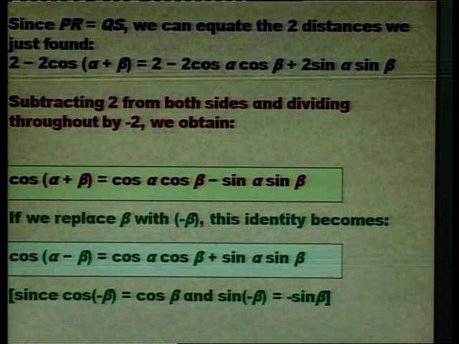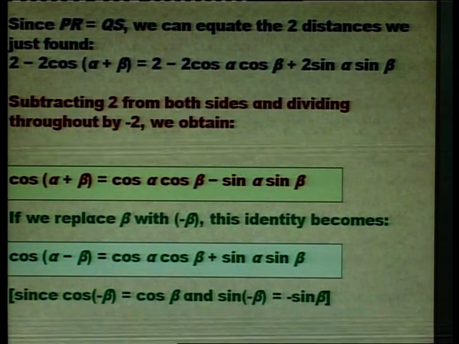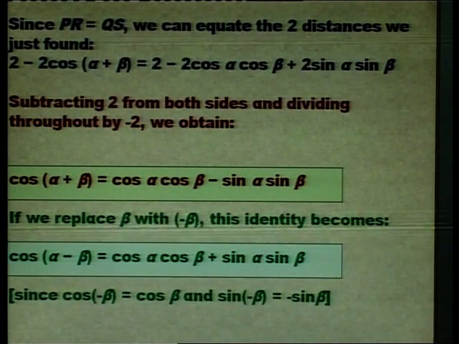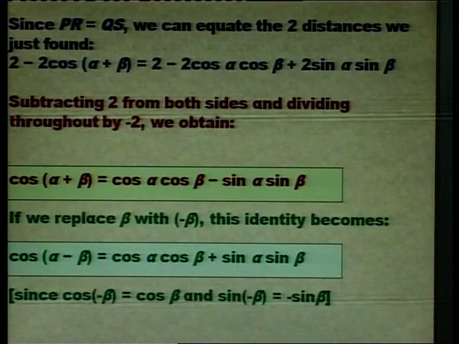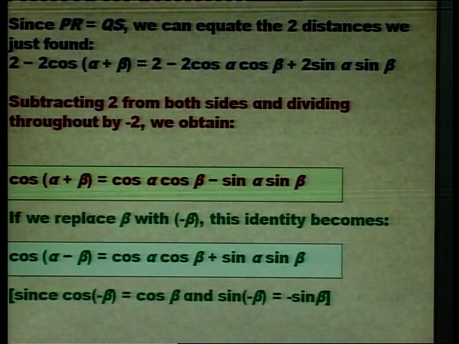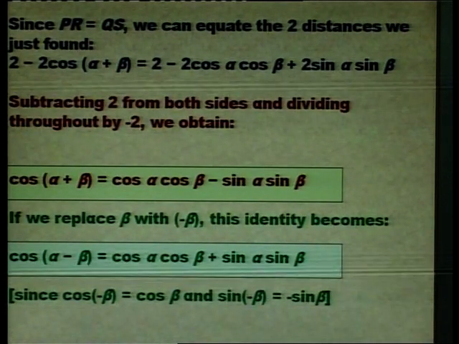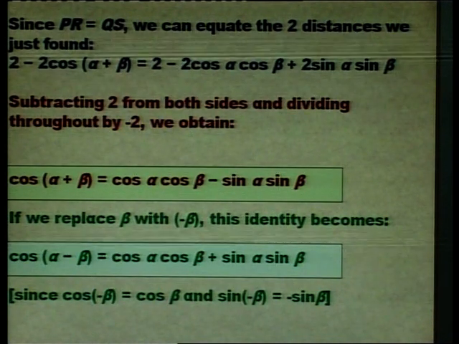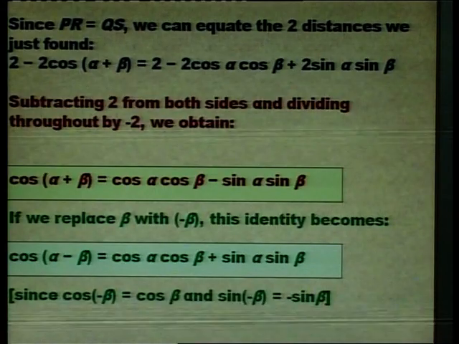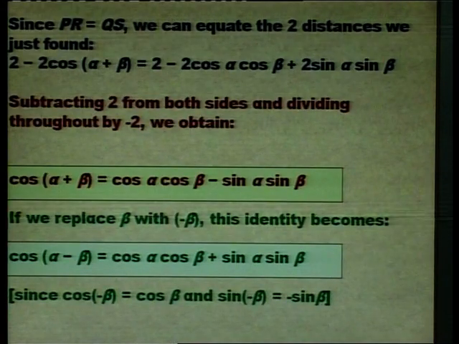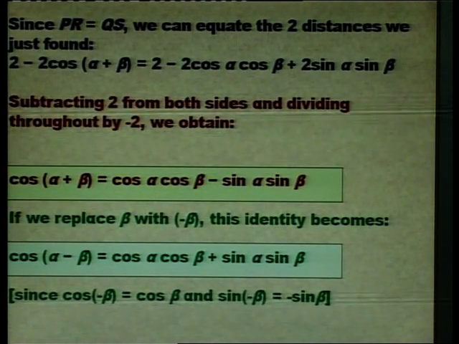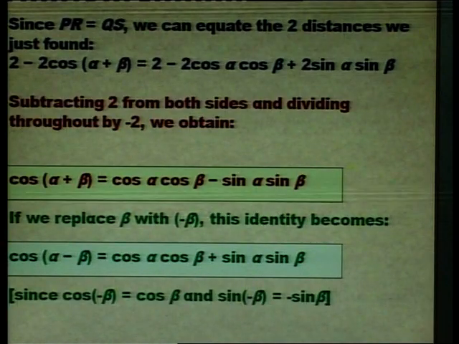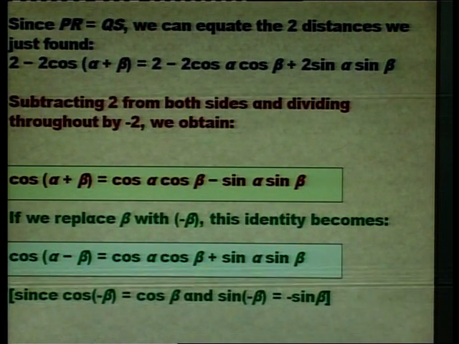and all of you know that sin of minus theta is minus sin theta, and cos of minus theta is cos theta. So, using this relation, cos of alpha minus beta is cos alpha cos of minus beta, but cos of minus beta is the same thing as cos beta, and sin of minus beta is minus sin beta.